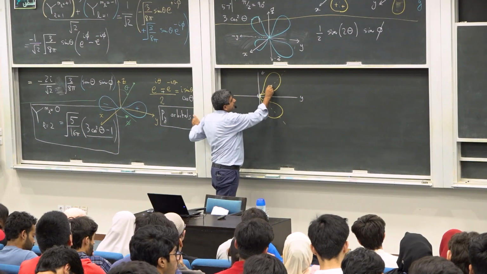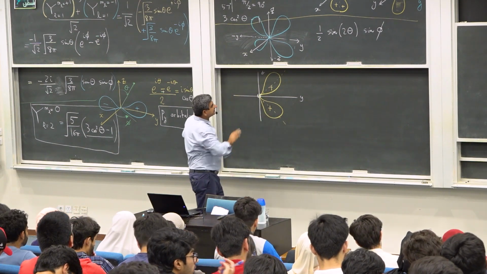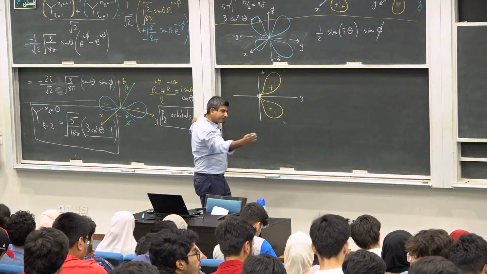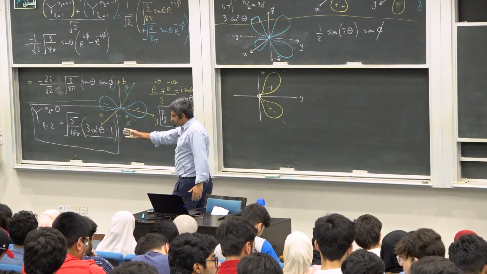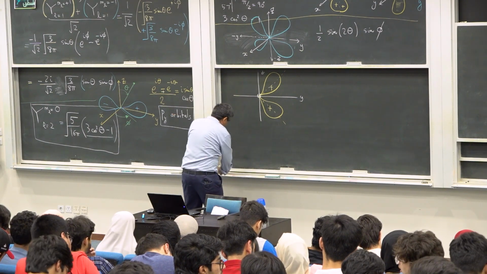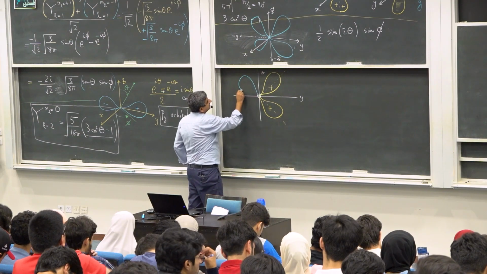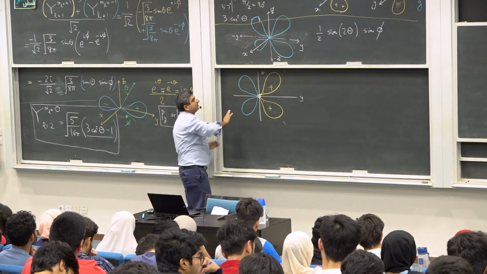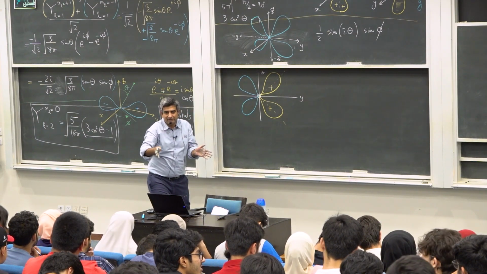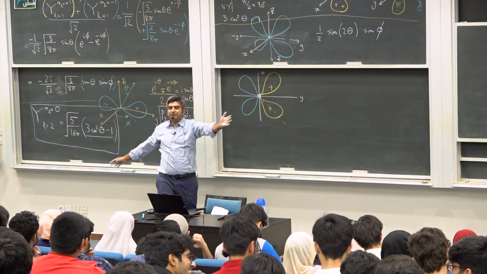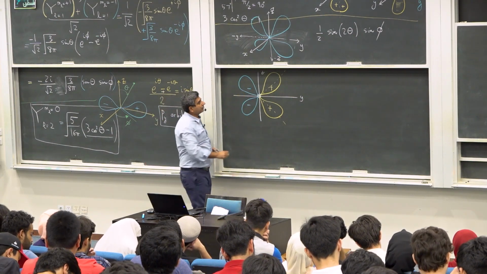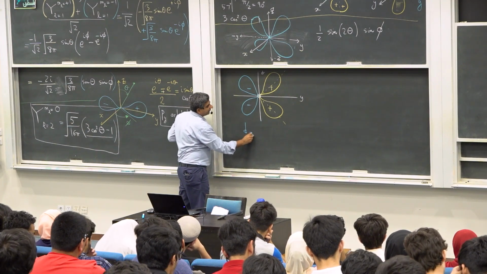These lobes will be positive because sine phi is positive for phi equals 90 degrees. And when my phi becomes 270 degrees, sine phi becomes negative. So I will also have lobes towards this side, predominantly in the zy plane. They will extend out of the zy plane as well, but predominantly they will be in the zy plane, and the function will have a negative value over here.